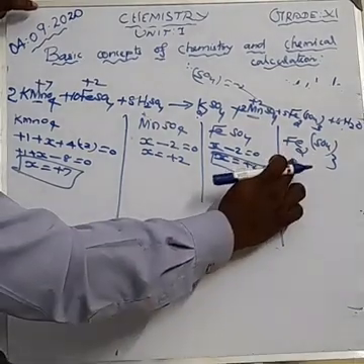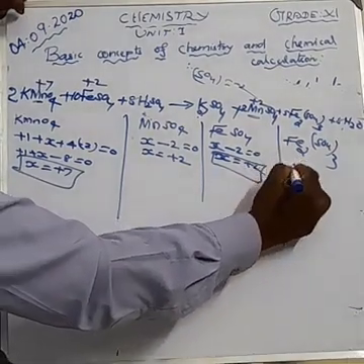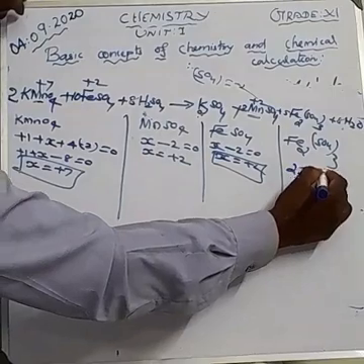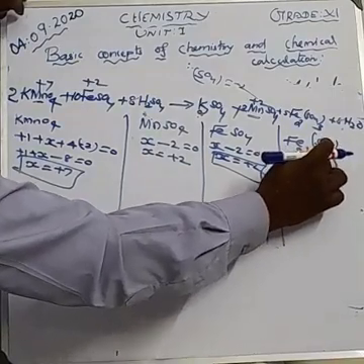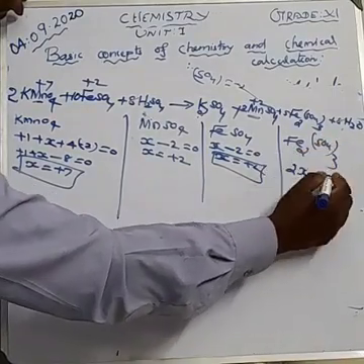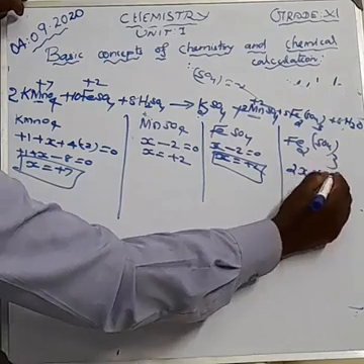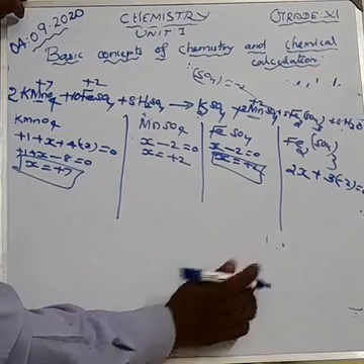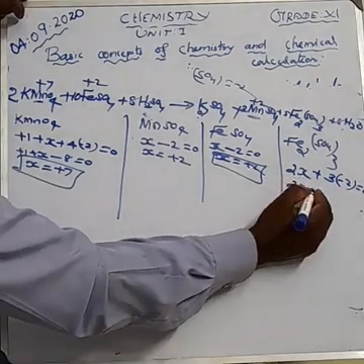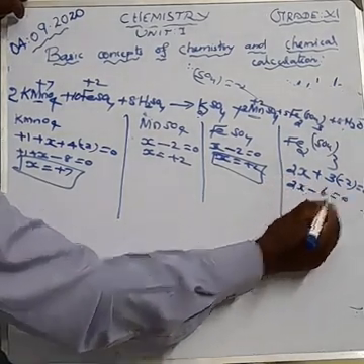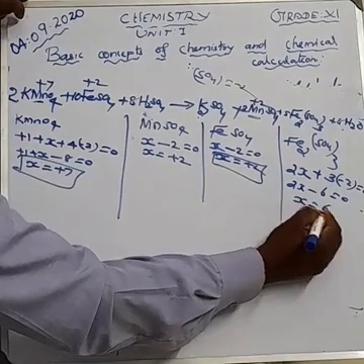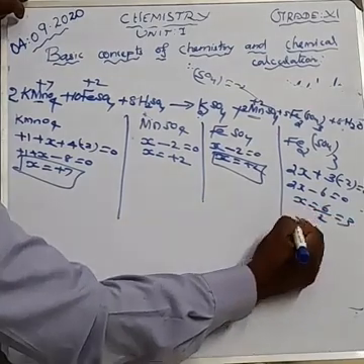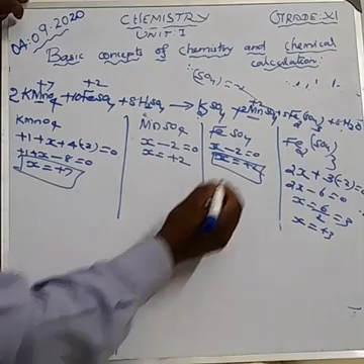How much Fe is there? 2 Fe, so 2X, and 3 sulfate, so 3 into minus 2 equal to 0. 2X minus 6 is equal to 0. X is equal to 6 by 2, which is 3. So X is equal to plus 3. So here plus 3.